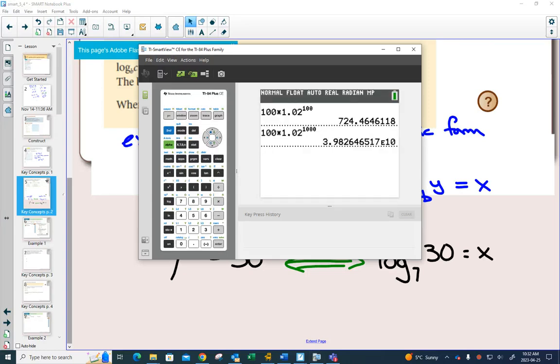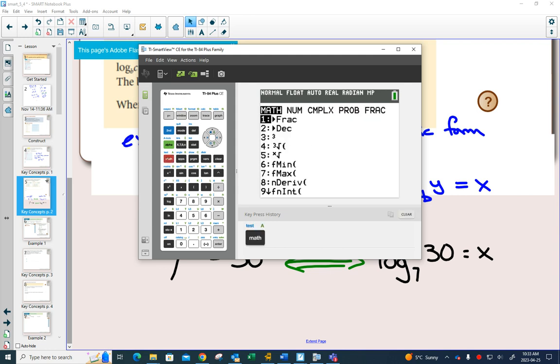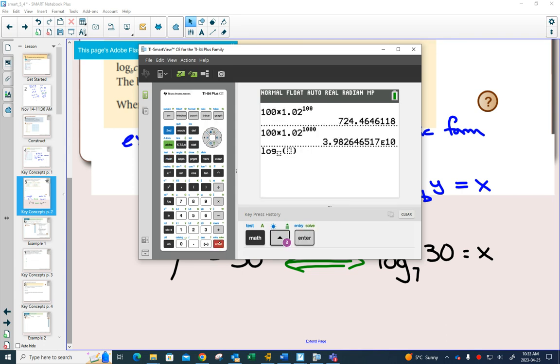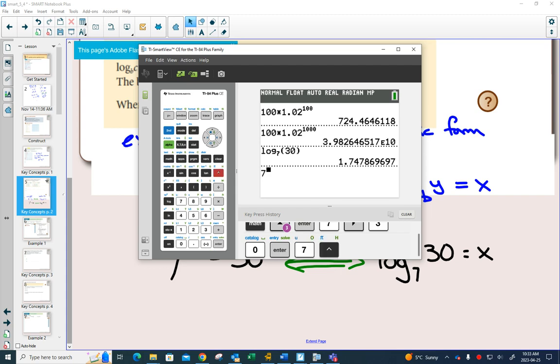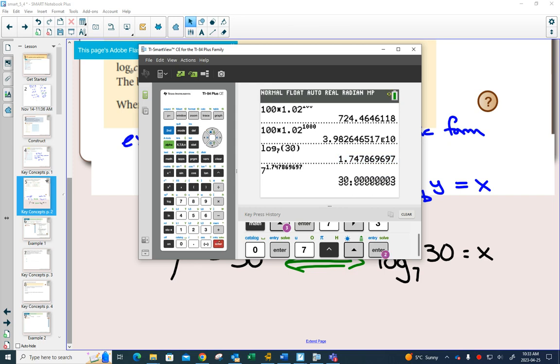On my graphing calculator, if you have a newer version of the TI-84, under the math button, you have to go all the way down to the bottom until you get to log base. I could type in log base 7 of 30, and I get 1.747, which means if you type 7 to the exponent of this number, it should equal 30.